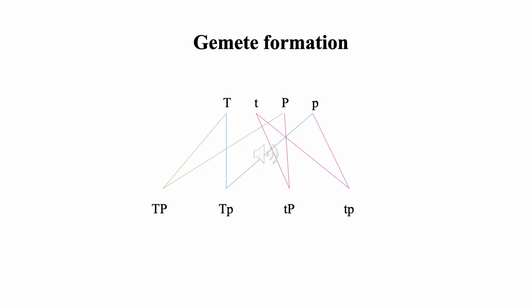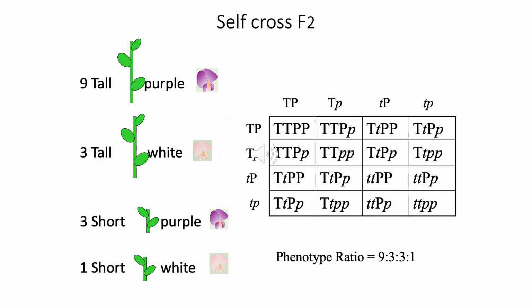So this is the gamete formation. Self-crossing the F1 will produce a ratio of 9:3:3:1, which is 9 tall purple, 3 tall white, 3 short purple, 1 short white.